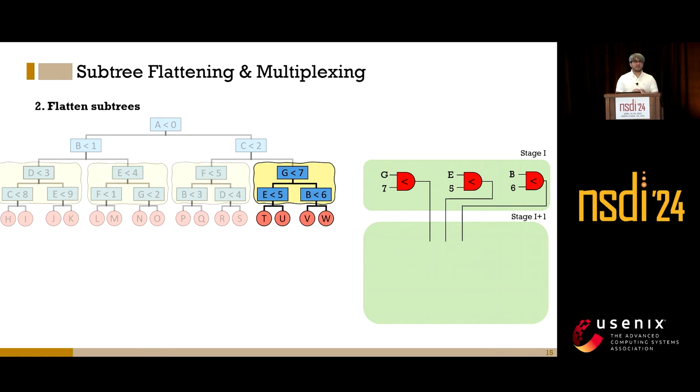So next, we need a mechanism to combine the individual results of these mux ALUs. And the reason we need this is to decide what action to take for this subtree. Now, this action could be as simple as terminating execution if a leaf node is encountered, or perhaps deciding which subtree to execute next.